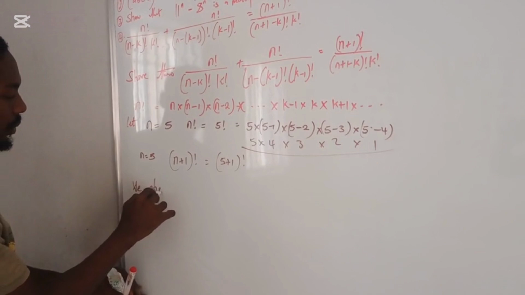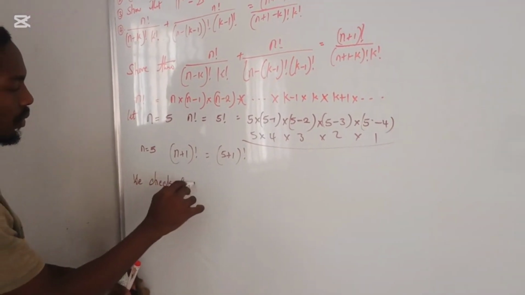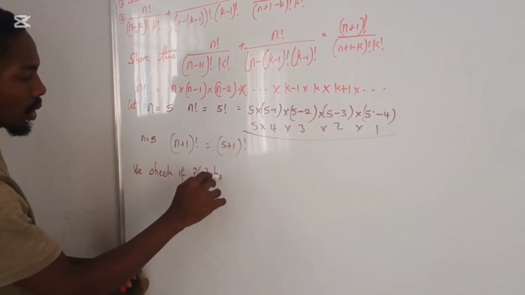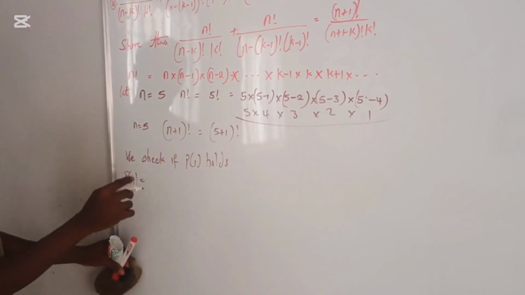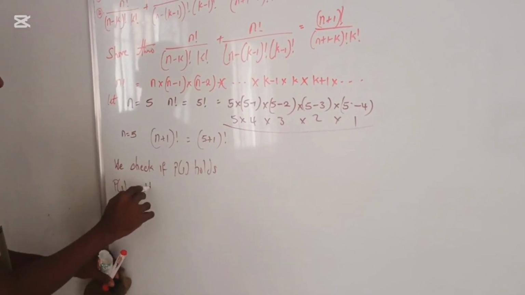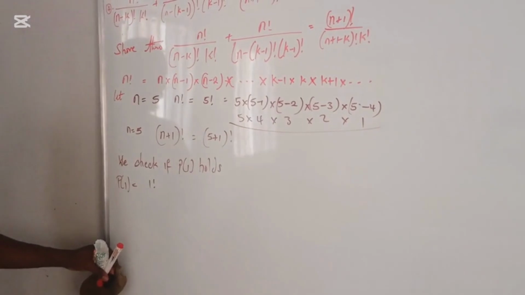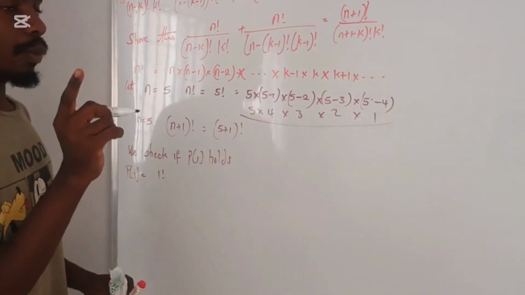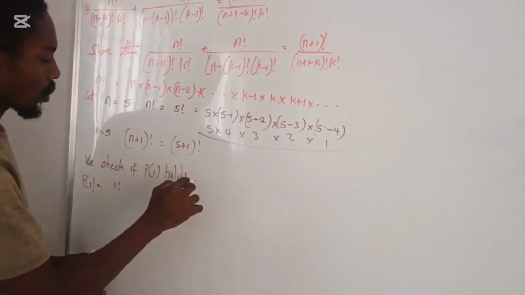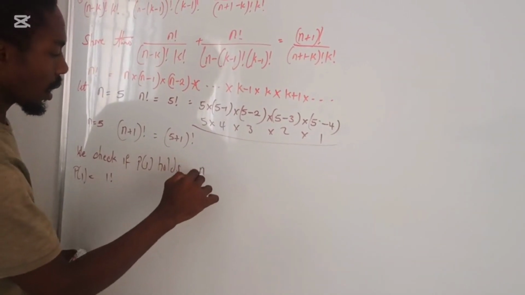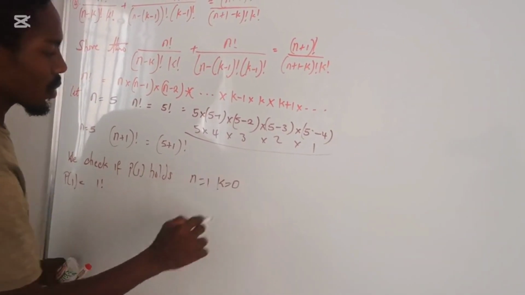We check if P of 1 holds. Now, P of 1, when we're checking for P of 1, when n is equal to 1, remember that we have k here. So now n equals 1, k equals 0.